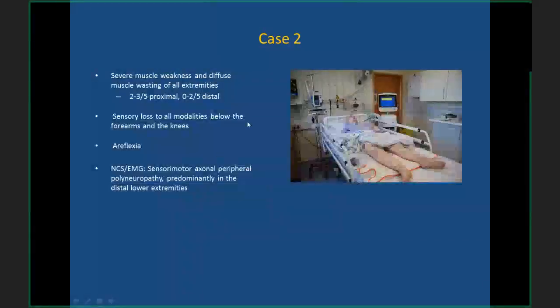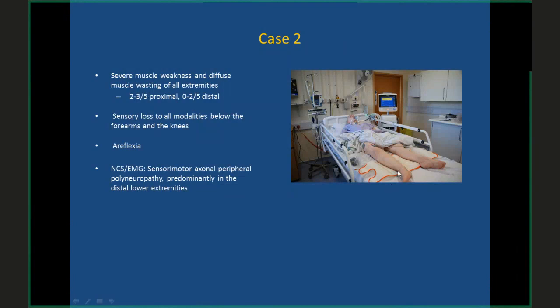After extubation, the patient had severe muscle weakness and also muscle atrophy. They asked the neurologist to see the patient again, and the neurological examination showed muscle strength about 2 or 3 out of 5 in the proximal muscles, and 0 to 2 out of 5 in the distal muscles.